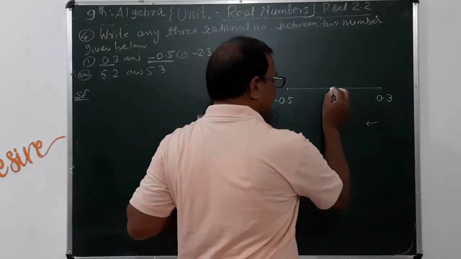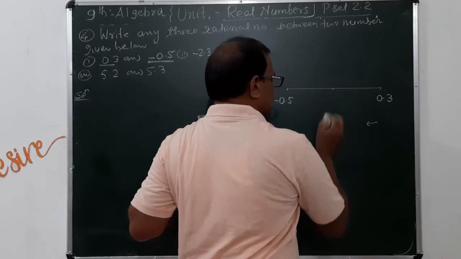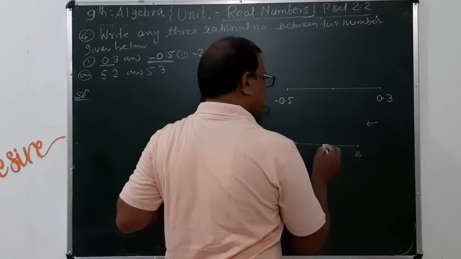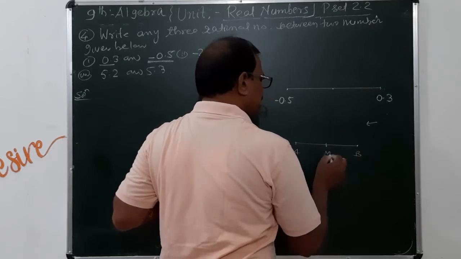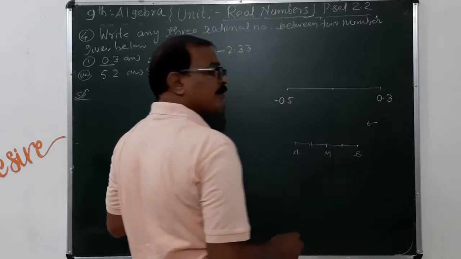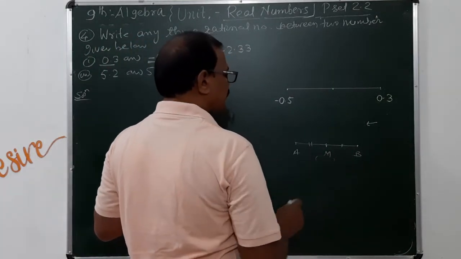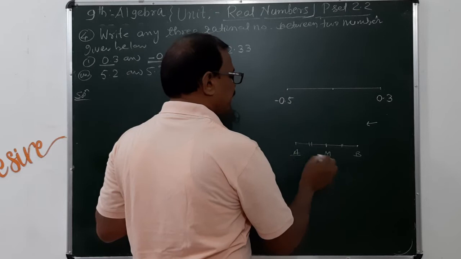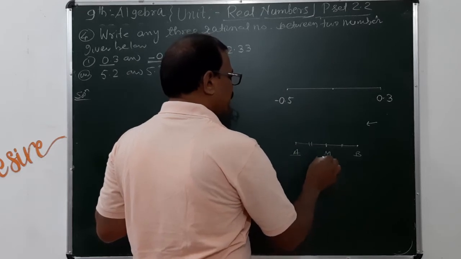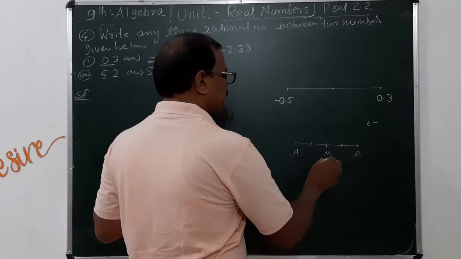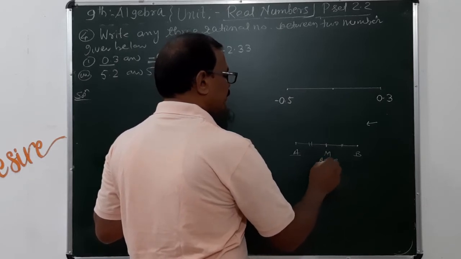Now according to the midpoint theorem, if A and B are two extreme points, there must be a midpoint so that these distances are the same. The coordinate of this point M can be found as the coordinate of point A plus the coordinate of point B, divided by 2.